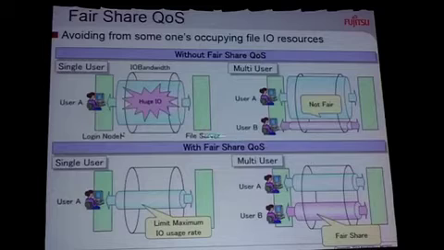So with Fair Share QoS, the QoS limits the maximum I/O usage rate. So user A is limited to a limited I/O rate like this. In a multi-user case, the same I/O bandwidth is allocated. This is the file here.